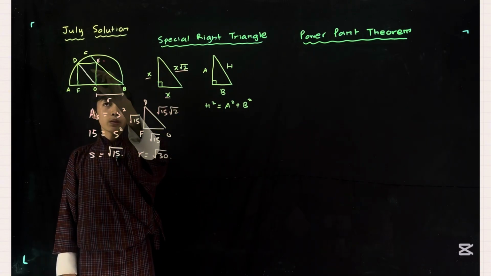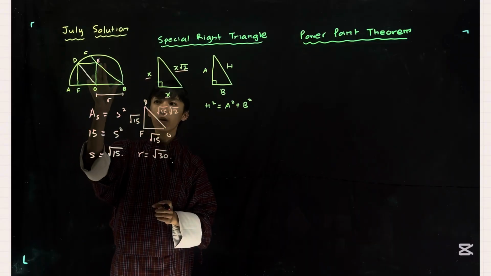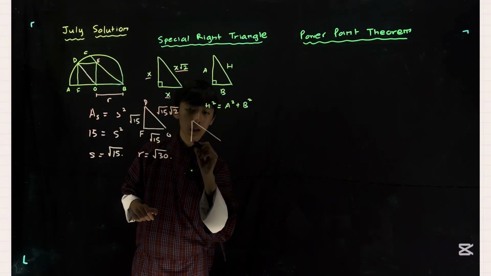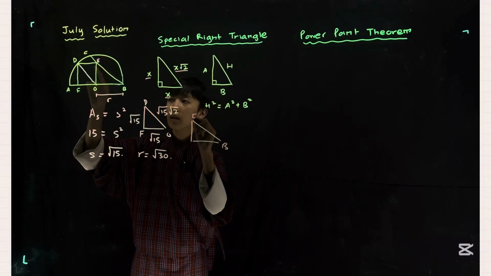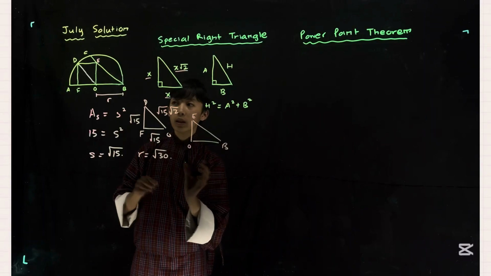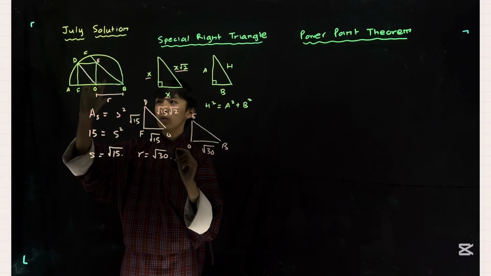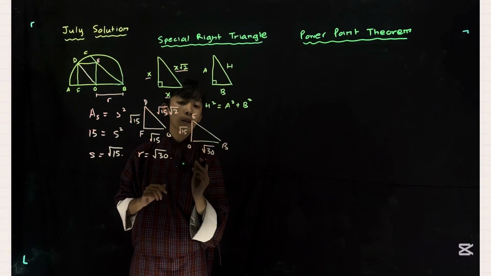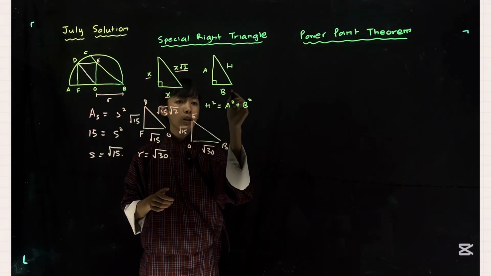Now, the purpose behind finding this radius is that now we can find the length of BE. So if you draw out the triangle here again, this is another triangle, B, E, and O. O to B is the radius of the circle, that is root of 30. And O to E is nothing but the side length of the square, that is root of 15. Now we simply have to find B to E. In this case, we can use the Pythagoras theorem.